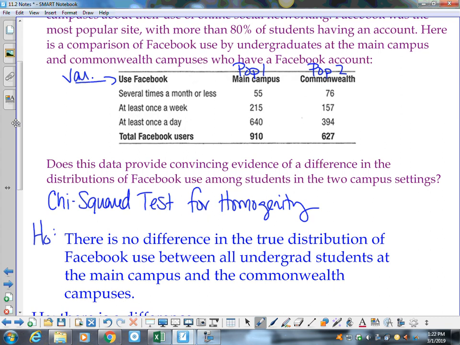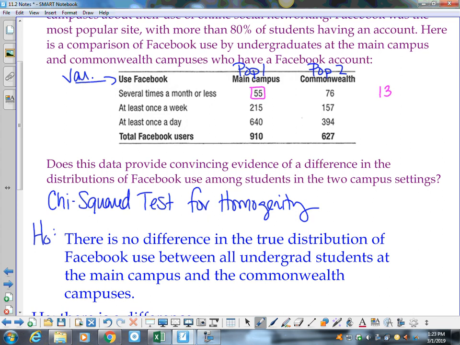Okay, so let's find expected counts for this guy. I've got my Facebook totals, or my campus totals. I don't have my totals over here. Can we add these together?